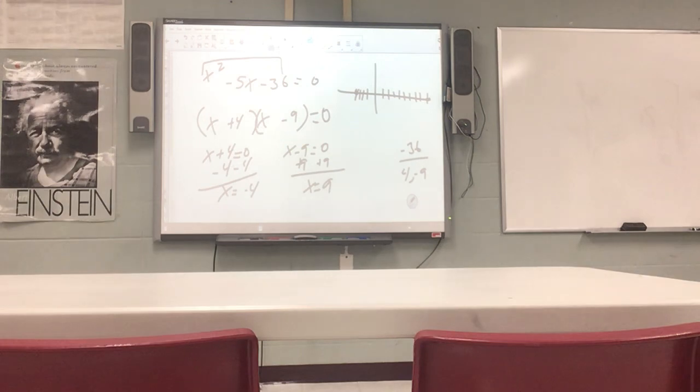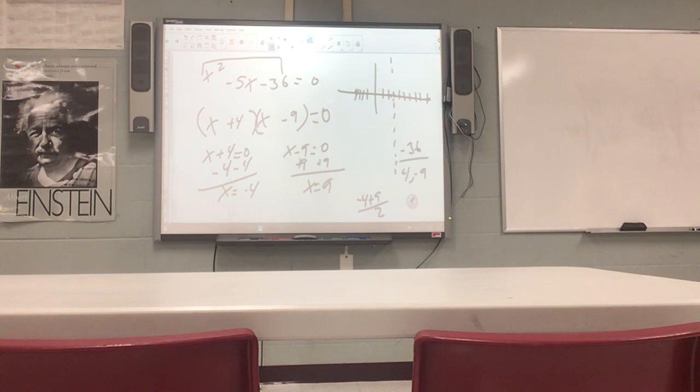Halfway between negative 4 and 9 would be 5. Would that be right? No. Let's see. Negative 4 plus 9 is 5, and then divide that by 2 for my formula. Remember that? So it'll be 2 and a half. There's my axis of symmetry. So that's got to be in the middle of it.